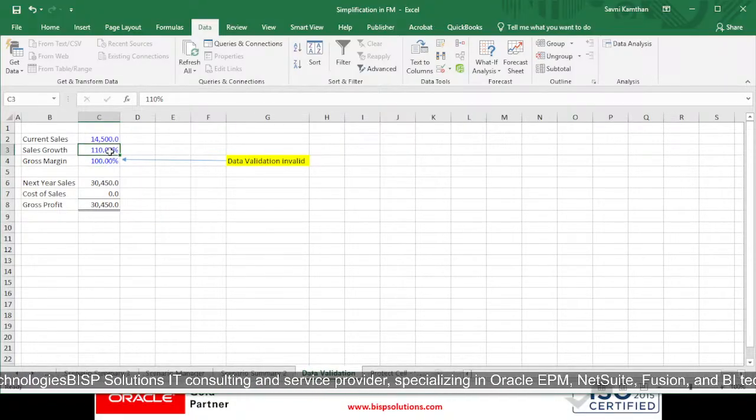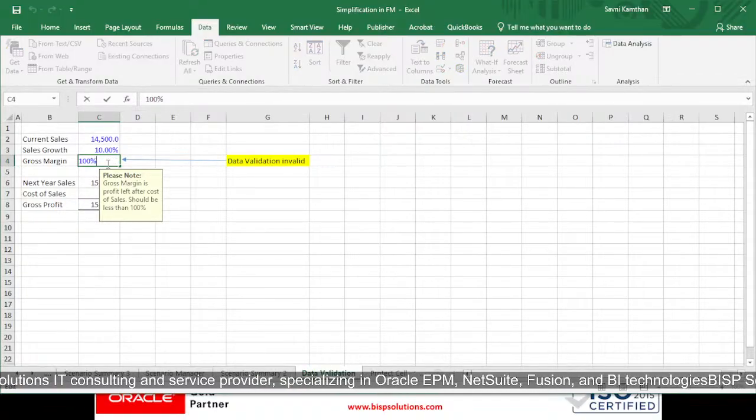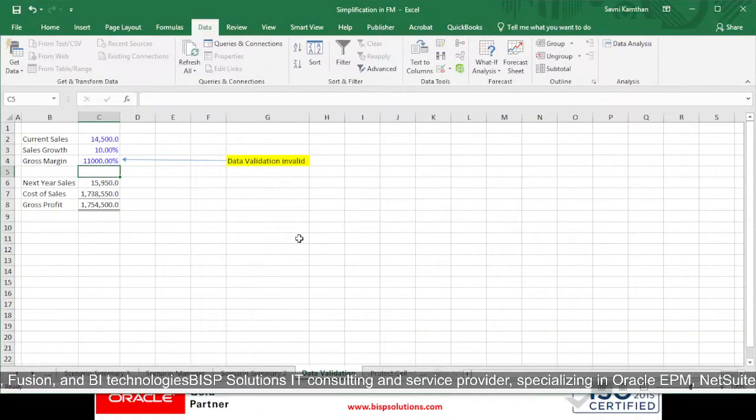Again, I am giving 10% over here, and if I increase it, it will show me a small dialog box with a warning that you have input an incorrect gross margin, it should be less than 100%, please recheck. It asks me whether to continue, and if I click yes, it will change my whole data.